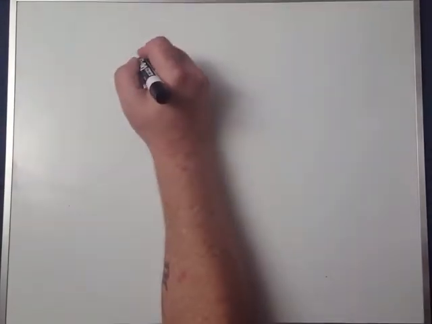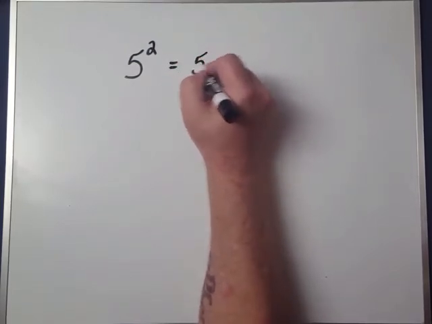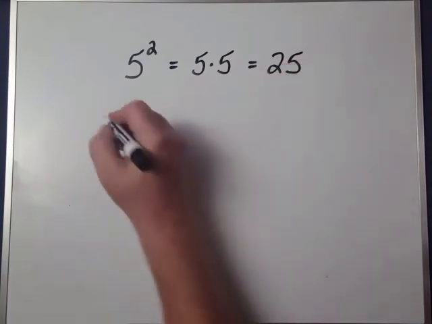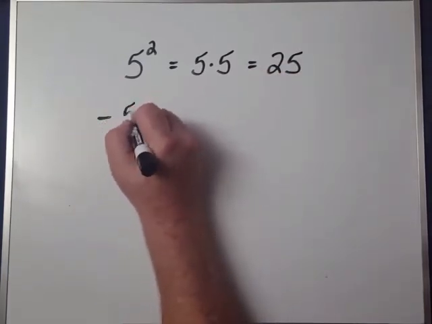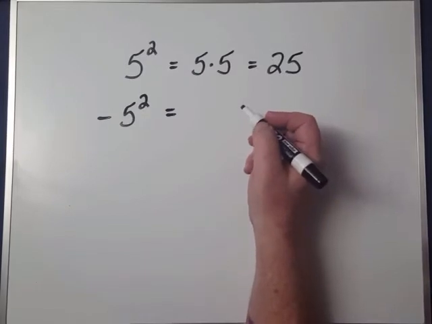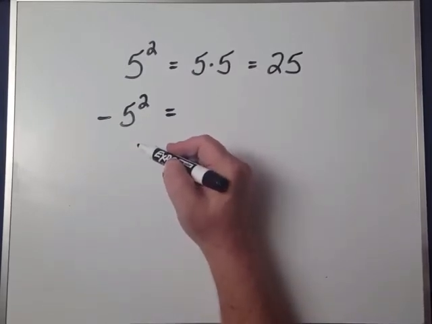Let's think about this. If I have 5 squared, 5 to the second power, that means 5 times 5, which is 25. If I have negative 5 squared, what's being squared? What is the base of this exponent?